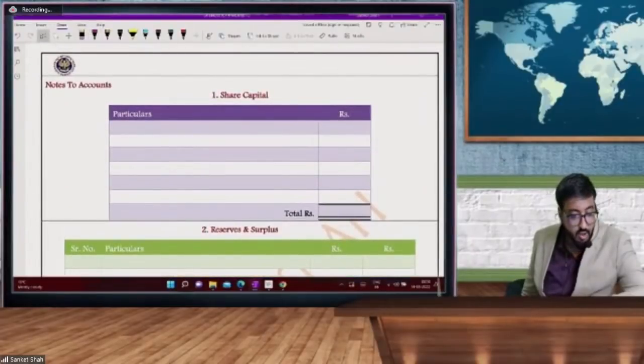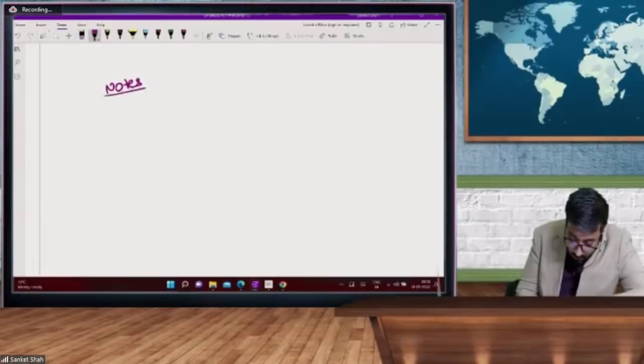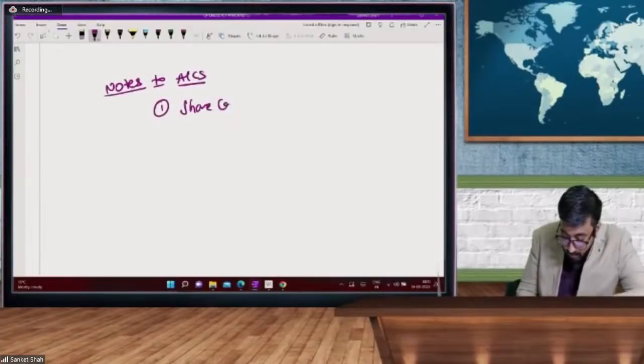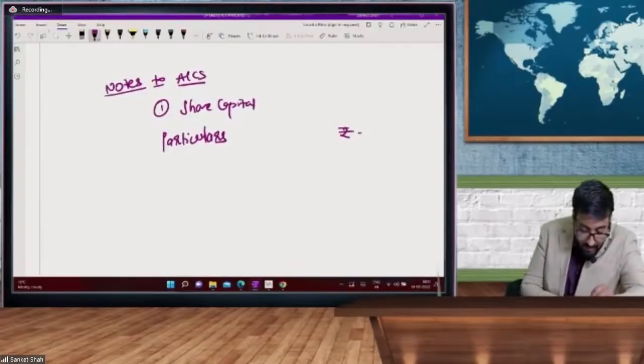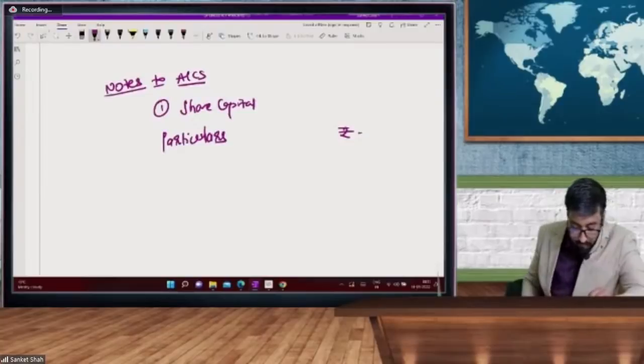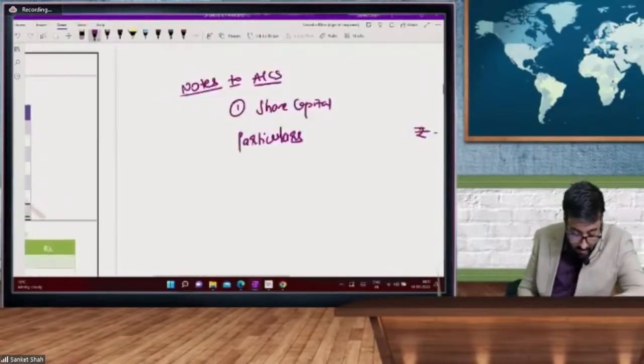Number 1, share capital. Notes to accounts. Number 1, share capital. Particulars, rupees.